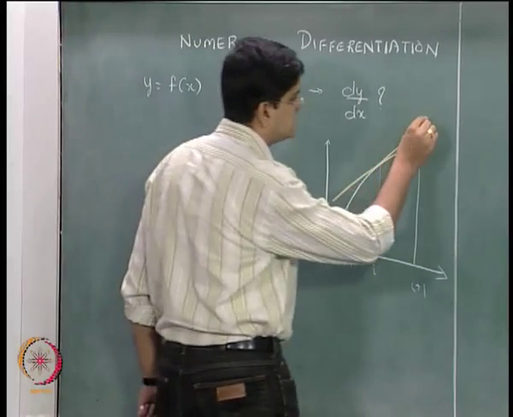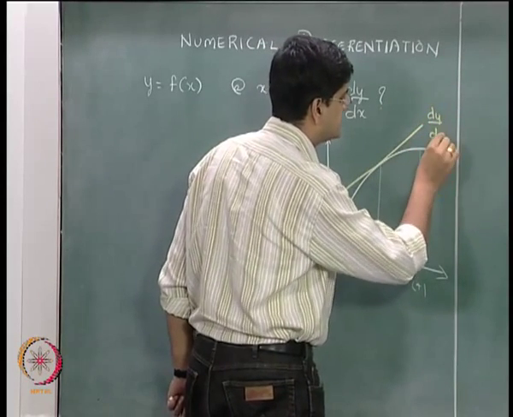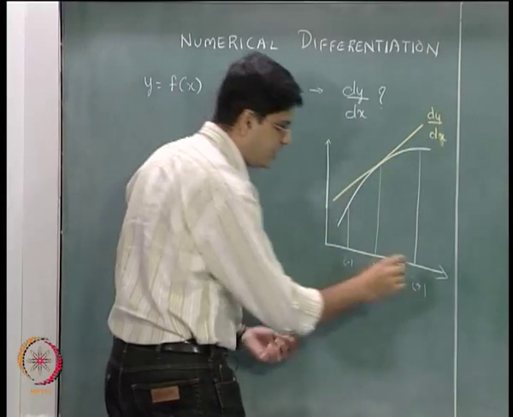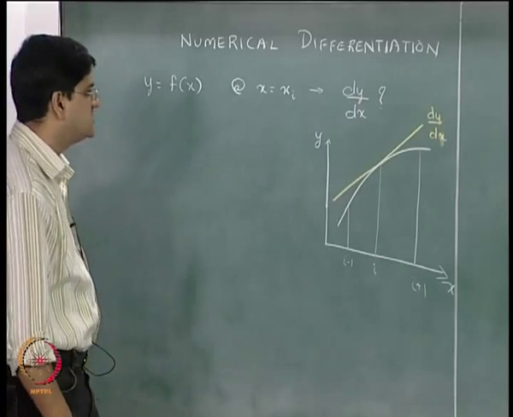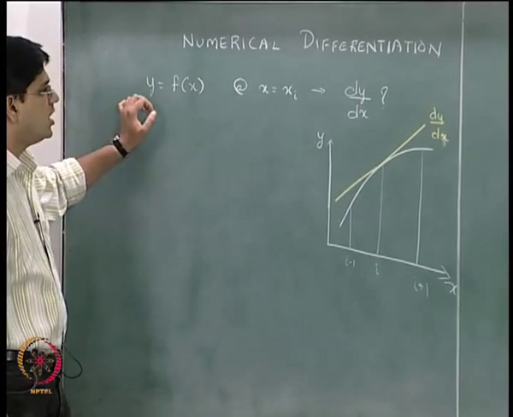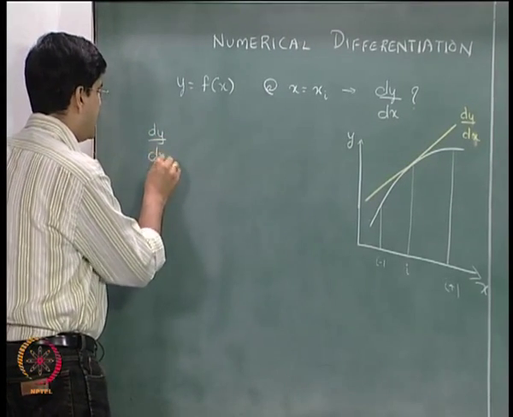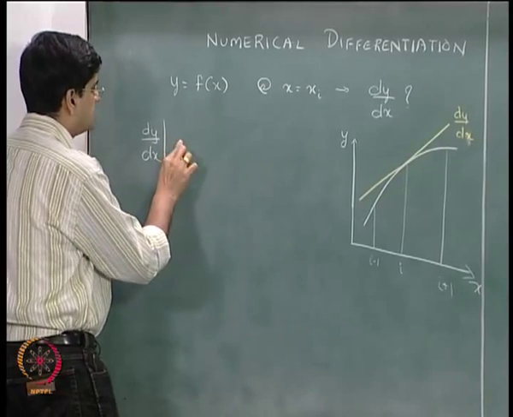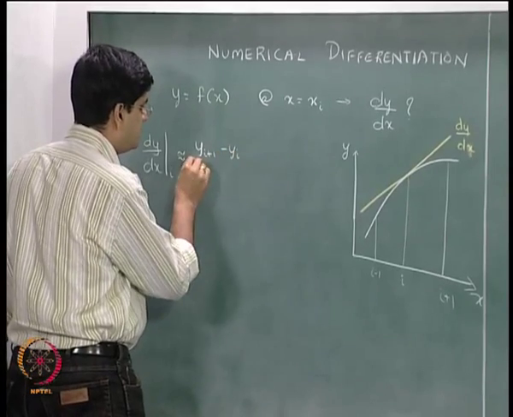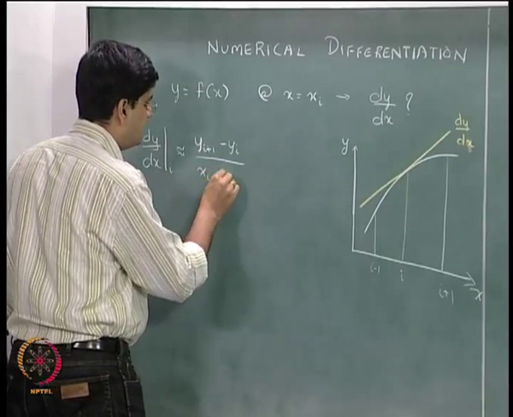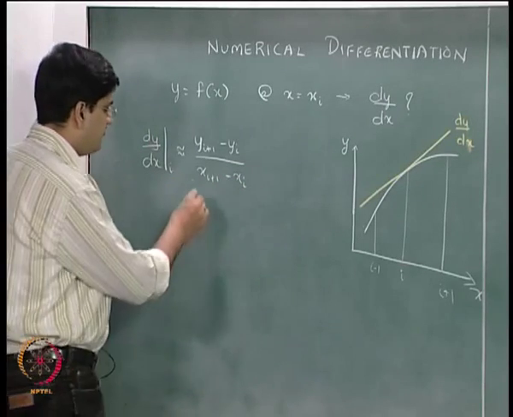The yellow represents the true derivative dy by dx. We are plotting x as the abscissa, y as the ordinate. So at x equal to xi we can write dy by dx at i as approximately equal to y i plus 1 minus yi divided by x i plus 1 minus xi. Okay. This is the forward difference form.